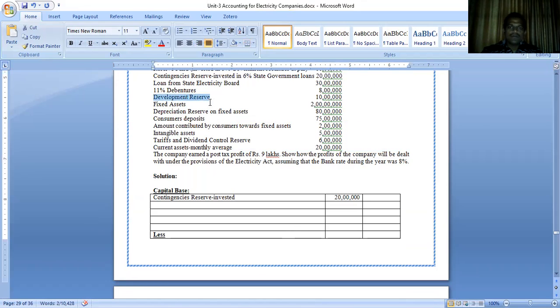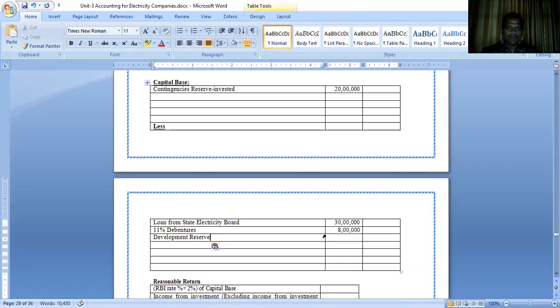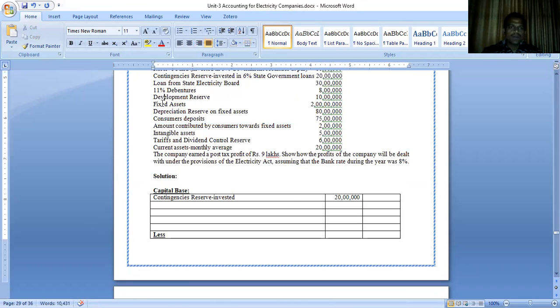Development reserve, 10 lakhs. Fixed assets 2 crores.